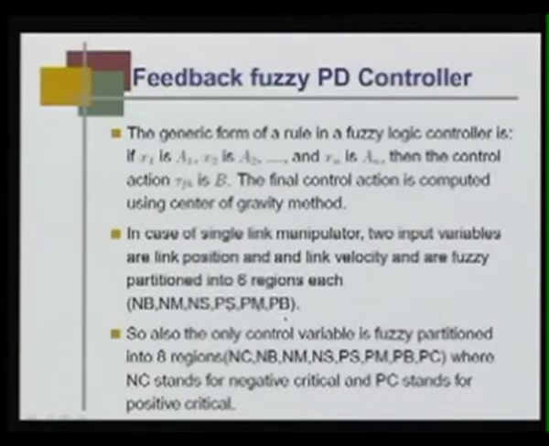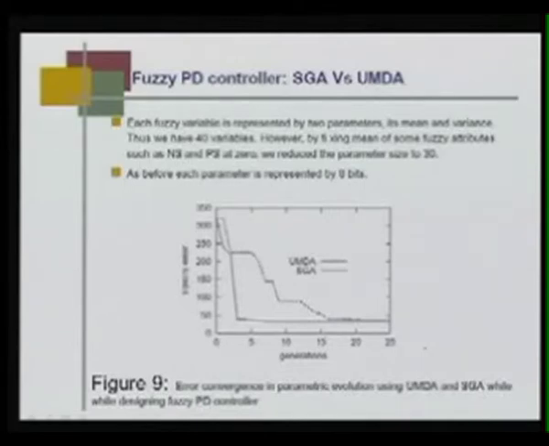The only control variable is fuzzy partitioned into 8 regions: negative critical, negative big, negative medium, negative small, positive small, positive medium, positive big and positive critical. Each fuzzy variable is represented by 2 parameters, taking a Gaussian membership function, its mean and variance. Thus, we have 40 variables.